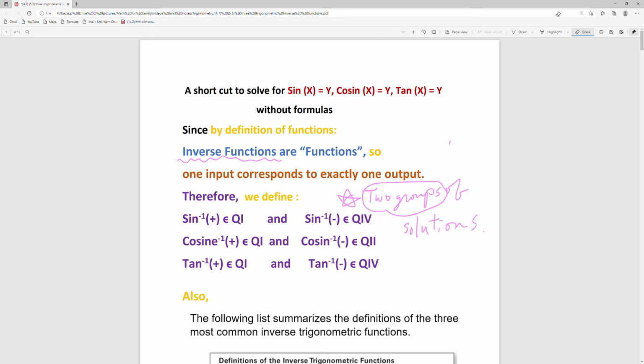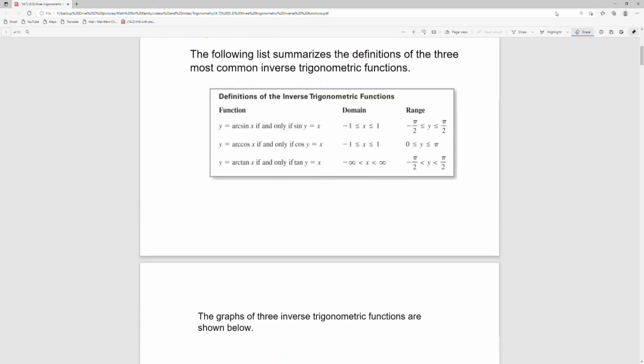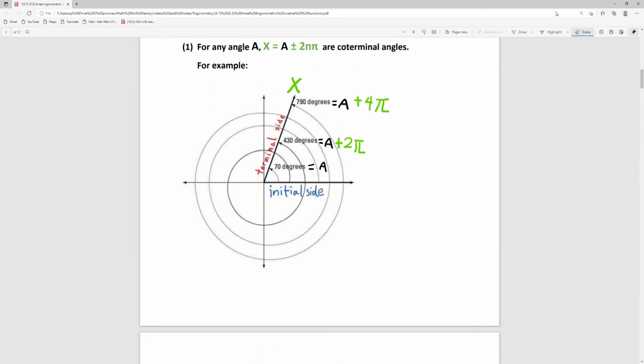How do you find two groups? I will say, sorry, not the terminal angle, coterminal angles. Let me show you the coterminal angles. It's easy to understand; we learned that before.